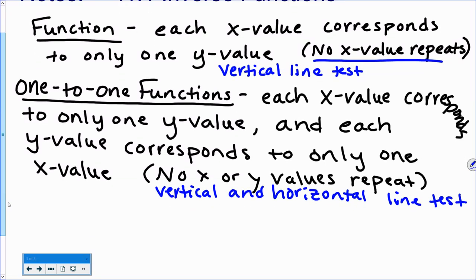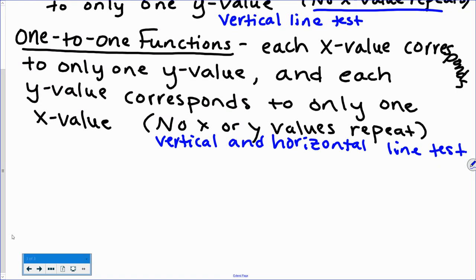One more definition, we're going to talk about what an inverse is. So inverse of a function.